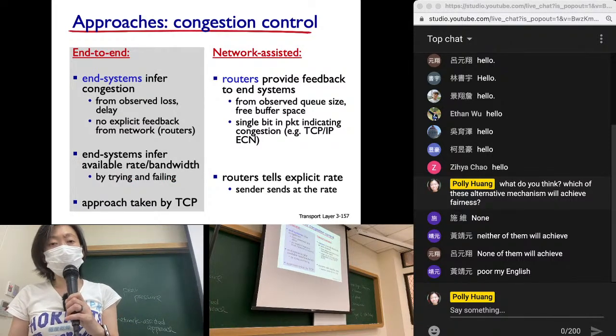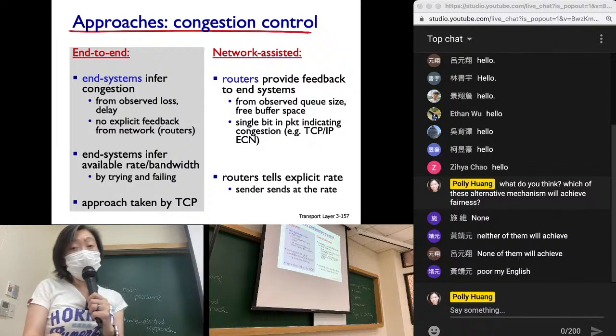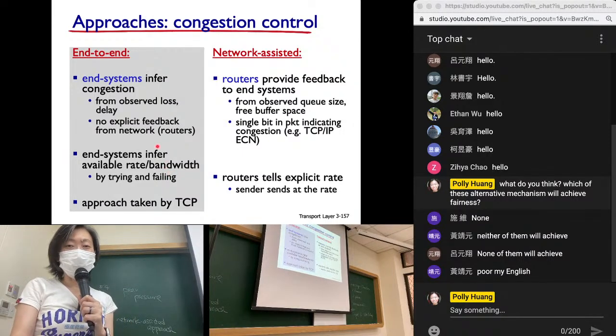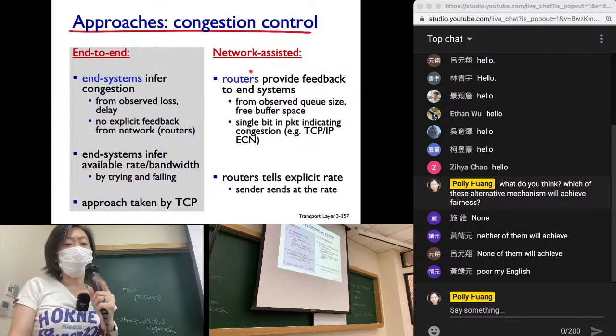There's actually an alternative, if you recall, in the overview of congestion control. It's called the network-assisted approach. So instead of having the ends detect there's congestion, routers, those machines inside the internet core, will try to detect it by, for example, measuring if the free buffer space is too shallow.